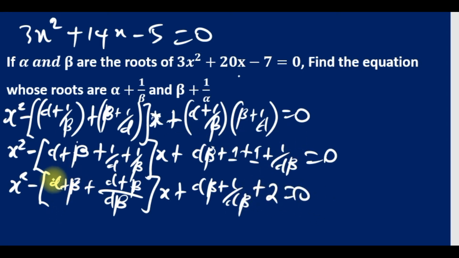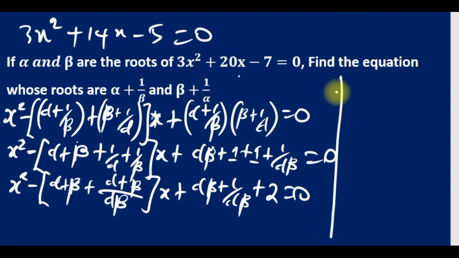So this is where we need to get this sum and this product. Remember, they said alpha and beta are the roots of 3x squared plus 20x minus 7.